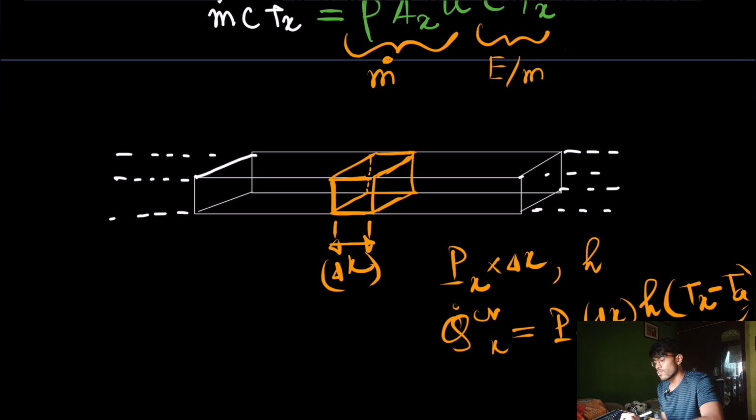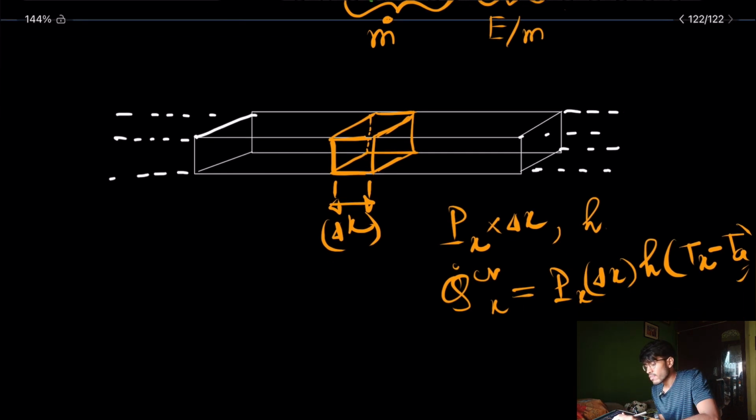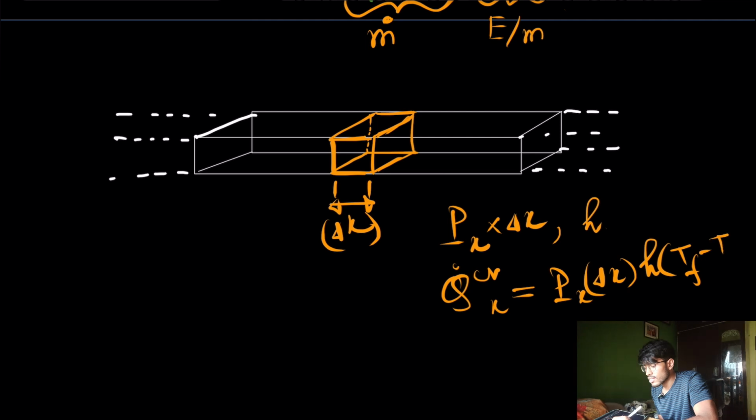That is clearly Px delta x, that is the area, into H into Tx minus T ambient. Now be very careful, this can be T ambient minus Tx also. Actually this will be T ambient minus Tx, and I should write it as T furnace, because I have already designated TA for the ambient temperature outside the furnace. Why is it TF minus Tx?